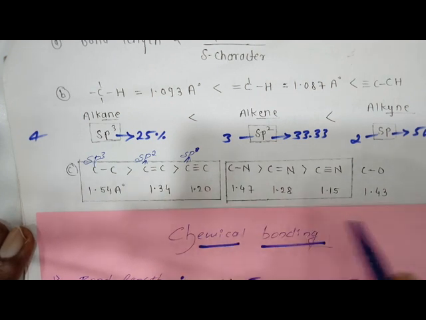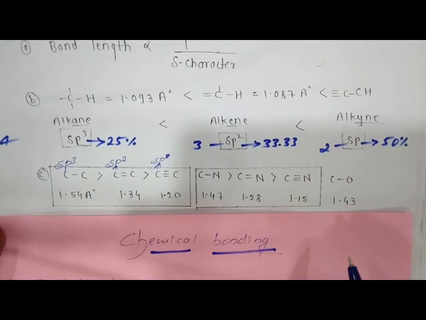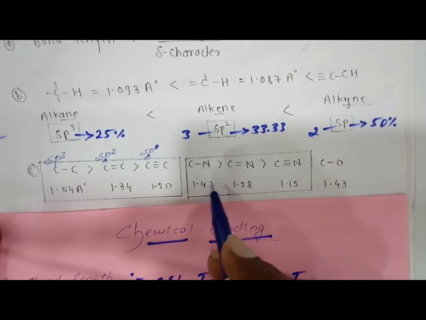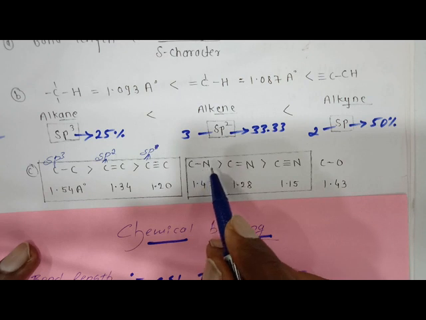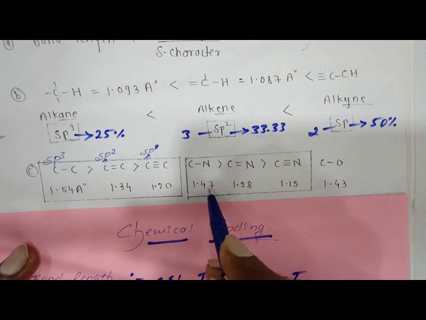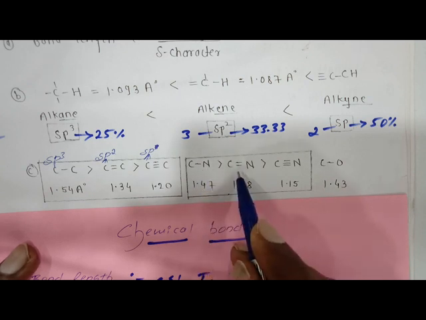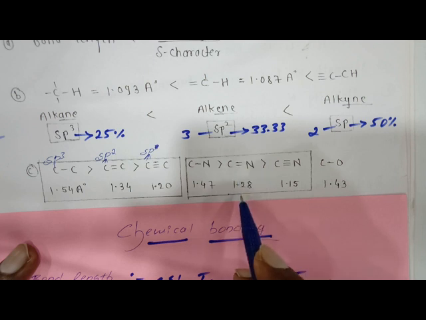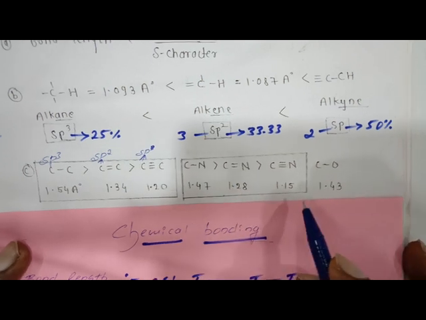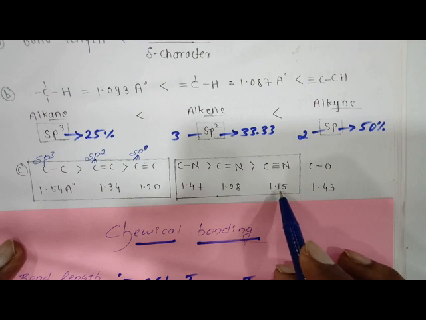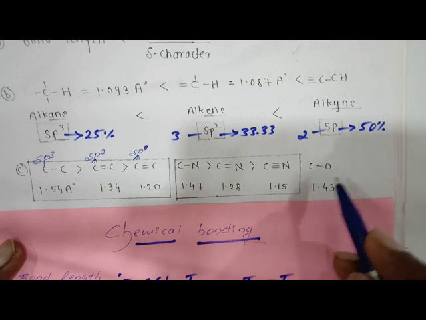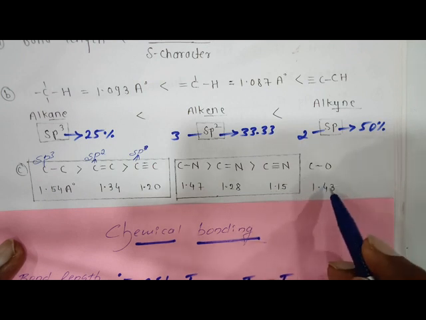Now next, it's also very important to note: the carbon-nitrogen single bond is 1.47 angstrom, the carbon-nitrogen double bond is 1.28, and the carbon-nitrogen triple bond is 1.15 angstrom, and the carbon-oxygen single bond is 1.43 angstrom.